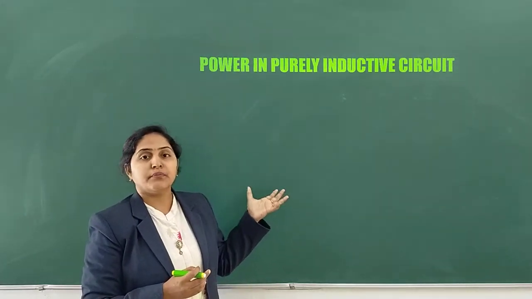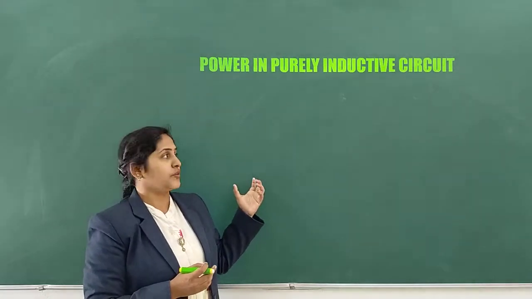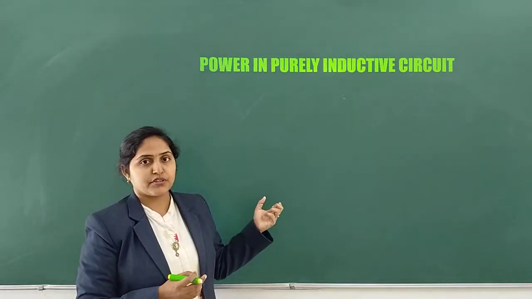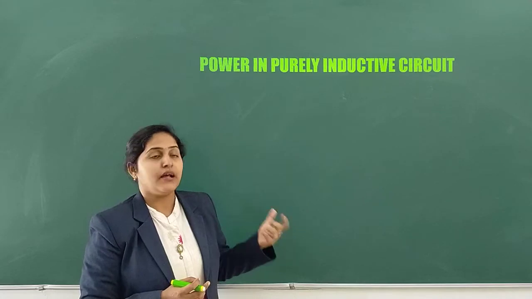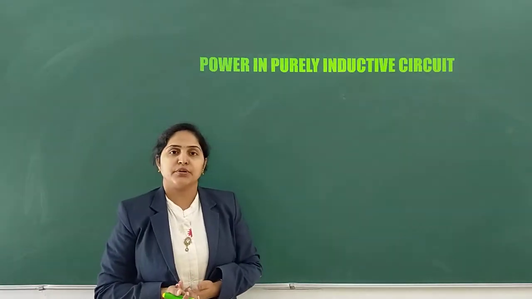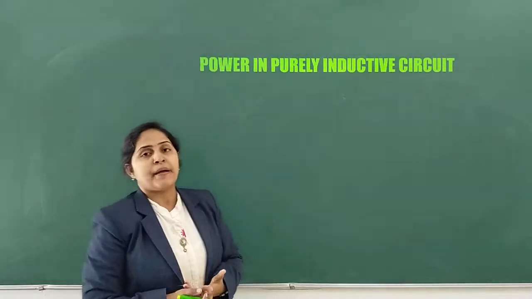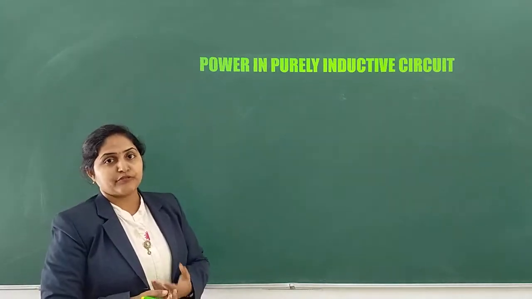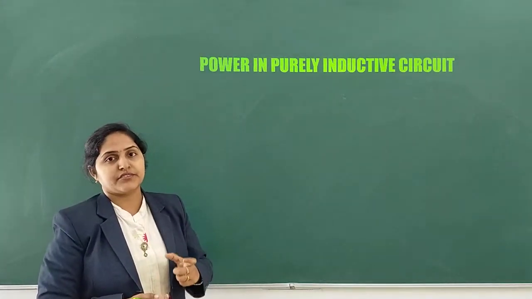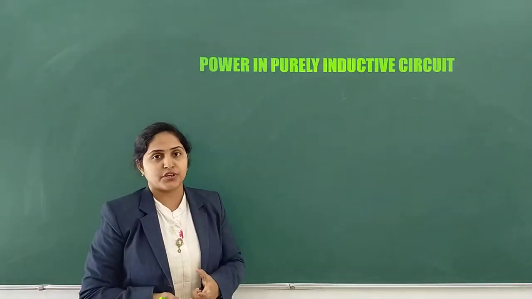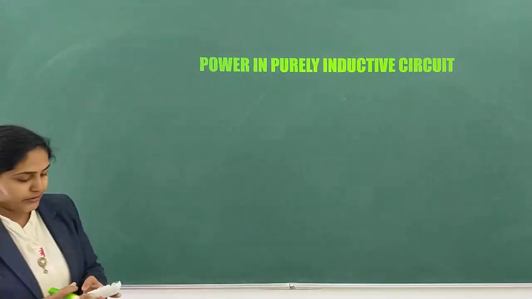So there was power in the pure resistive circuit for the complete cycle average power. But in the pure inductive circuit, the average power is 0 for one complete cycle. Let us see how this comes.